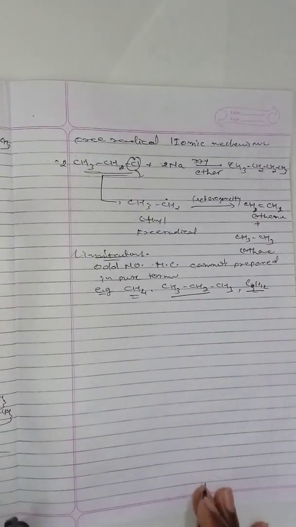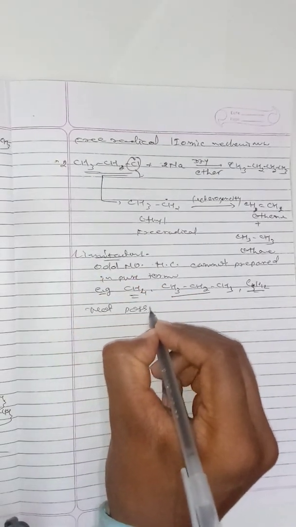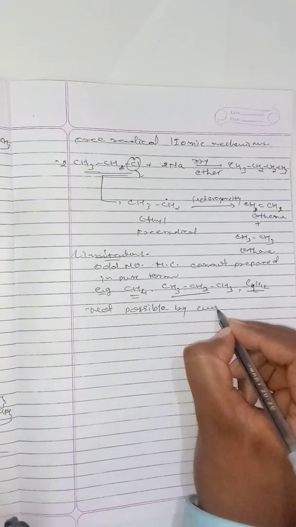Methane, propane, pentane, heptane are not possible by the Wurtz reaction.